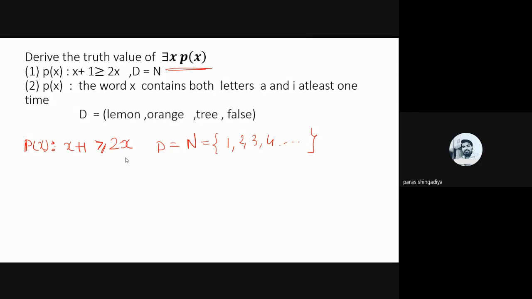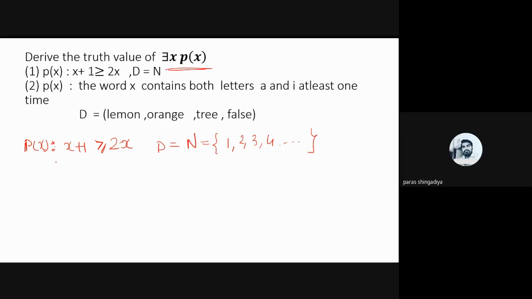Use 1, 2, 3, 4 and so on, and check for which x P(x) becomes true. Replace first 1, then 2, 3. So reply that x equal to 1.